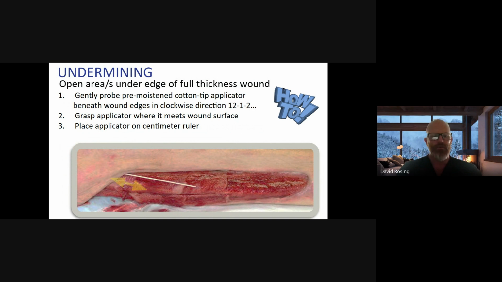You would take this ruler or that swab, and let's just say it is something like here. You've got about a couple centimeters of undermining going from about 10 o'clock over here to about 12 o'clock, something like that. And if the undermining continued all the way over, like 10 o'clock to 2 o'clock, something like that.